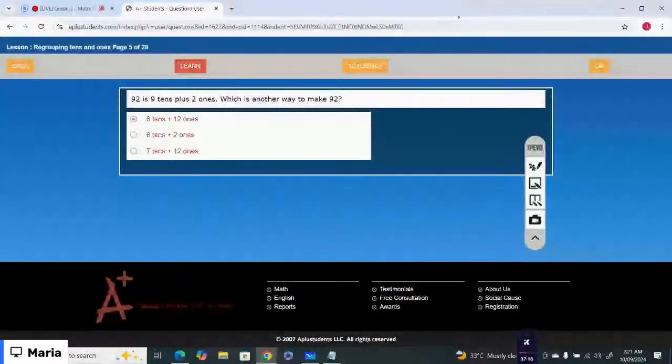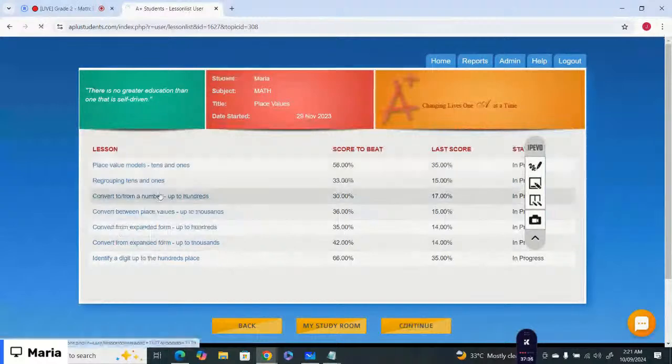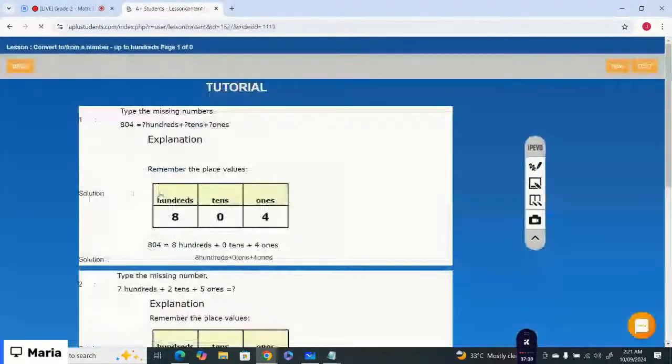The next lesson is converting a number up to hundreds. Let's start with the next lesson. Type the missing number. You have 804.